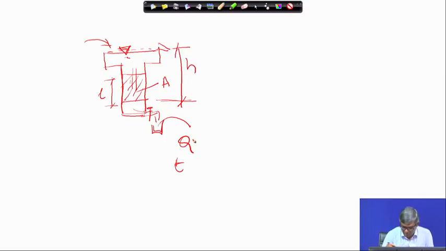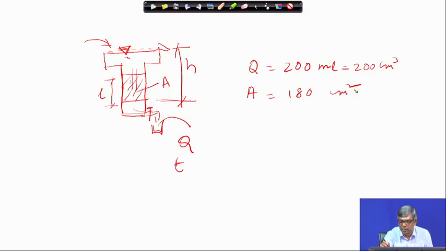So, Q is equal to 200 ml, equal to 200 centimeter cube. A, the area, is given 180 centimeter square, and H equal to constant head 46 centimeter under which flow is taking place, T equal to 5 minutes, and L is equal to 32 centimeter.